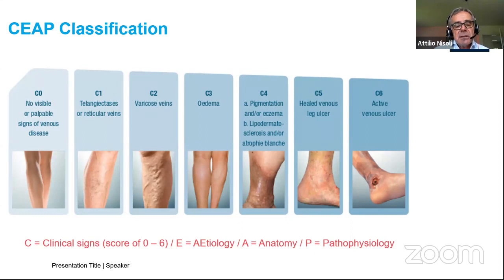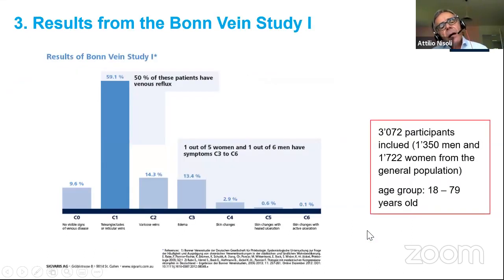So if it comes to an assessment, it's on one side the clinical signs, but it's also the E for etiology, the A for anatomy, and the P for pathophysiology, and all these letters put together make the CEAP classification. It starts with no visible signs, going up to the worst case, the active venous leg ulcer.